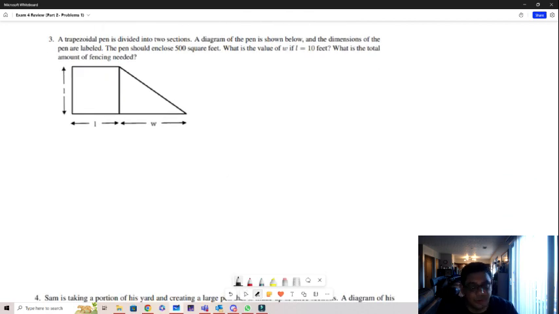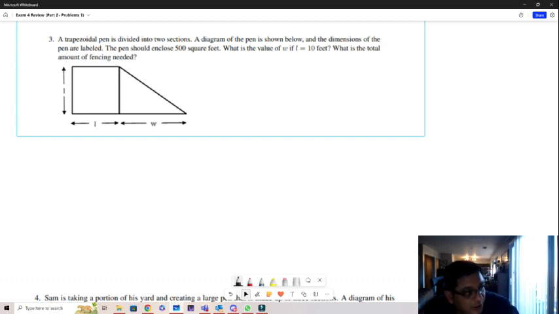Now, question number 3, we have a trapezoidal pen that is being divided into sections. The diagram of the pen is here, and the dimensions of the pen are labeled. The pen should enclose 500 square feet.